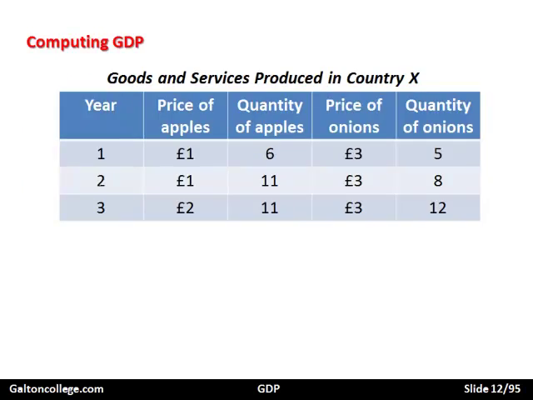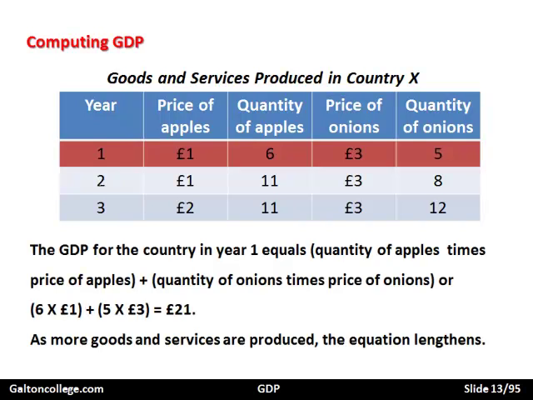So here's our country X, and here's the production of apples and of onions, and here are the prices of the apples and onions for different years. I've got 3 years here, year 1, 2, and 3. Now, the GDP for the country in year 1, highlighted in red here, equals the quantity of apples times the price of apples plus the quantity of onions times the price of onions.